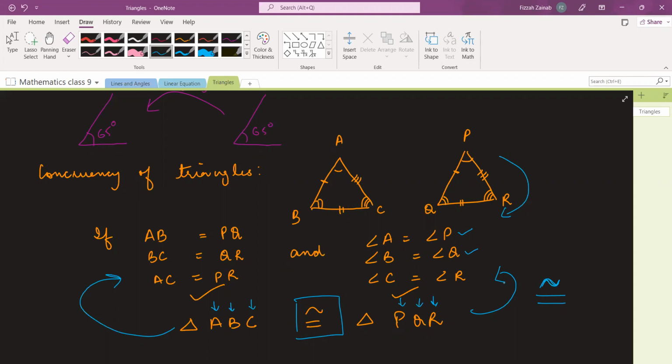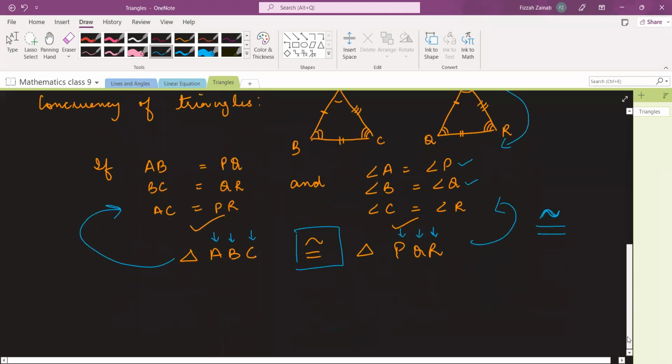So there are conditions, there are criteria. If some criteria are satisfied, we say that the two triangles are congruent. Understood? So let us learn one by one what are the criteria for congruency.